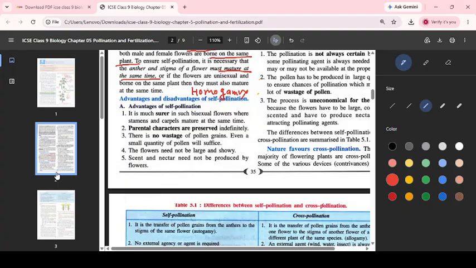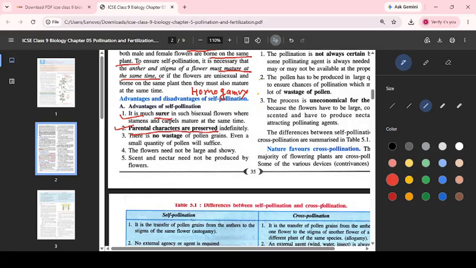So first point, even if you write in one word, you will get full marks over here, that this is a sure process. 100% result you will get in case of self-pollination because the flower is bisexual. So this is the sure process of pollination. Second, you cannot do any changes over there because it is preserving the parental character. So take it in a positive way here, that parental characters are preserved.